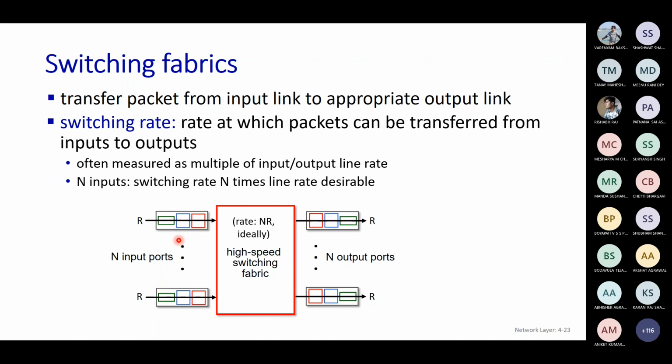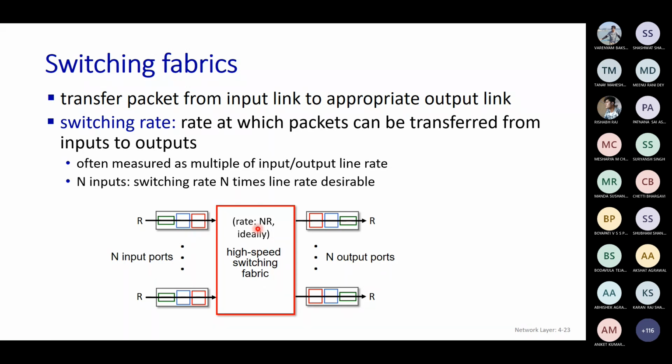If you remember, in the last class we talked about the line rate of an input port, that is, how fast the packet arriving at the input port is moving through this input port. That line rate is also a measure of how fast the data can be transferred. And then of course you have the switch fabric's transfer rate.